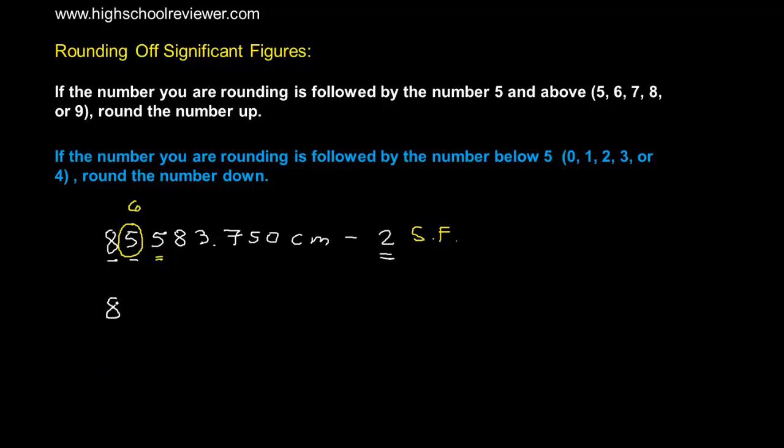So this will be 8, and instead of 5, this will be 6. And 5, 8, 3 here, since they are trailing numbers, will now become zeros. Since they are on the decimal side, 0.750 will be discarded. We are not going to write them. So therefore, 86,000 here is our final answer.